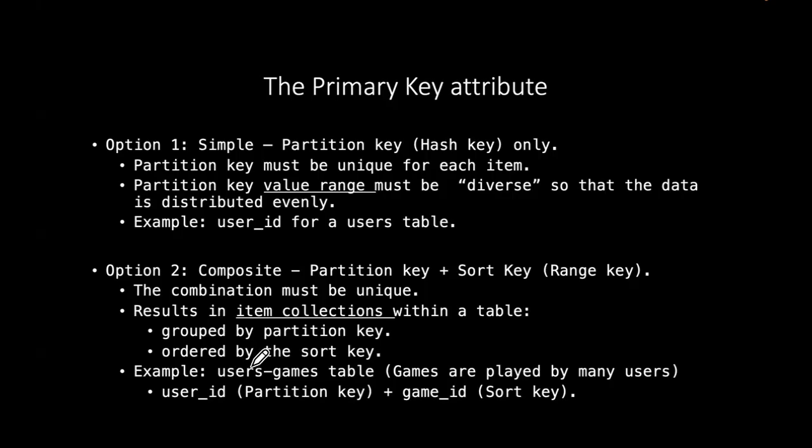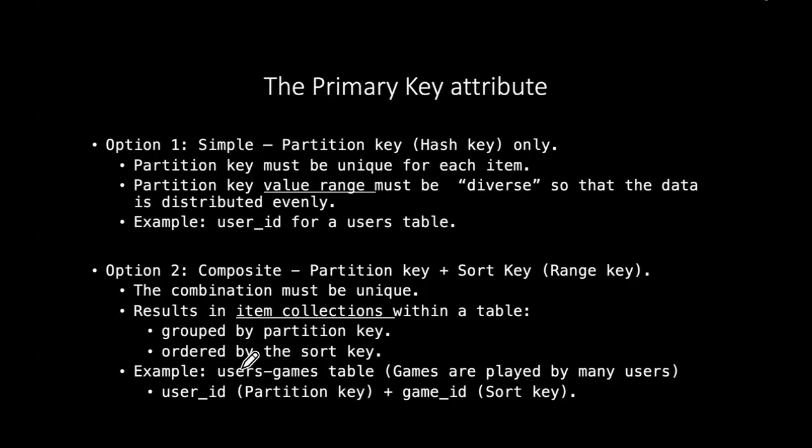Well, for that kind of scenario, we want a table that stores, let's say, the score that each user has achieved in each game, when they last played the game, and some other information about their use of the game. Each item in this table is one item per user per game that they played.